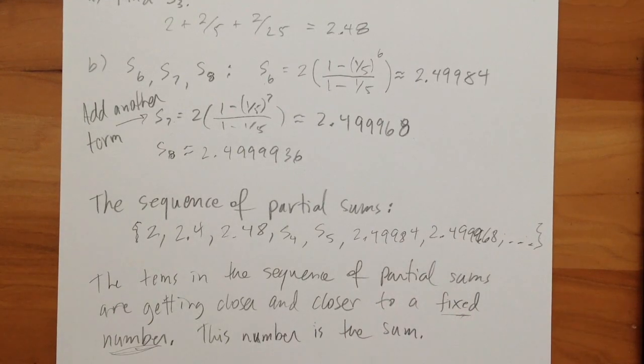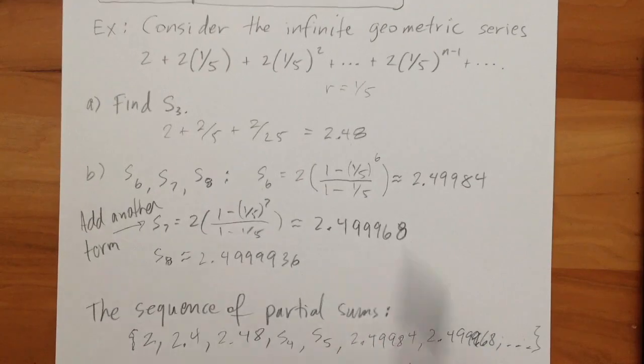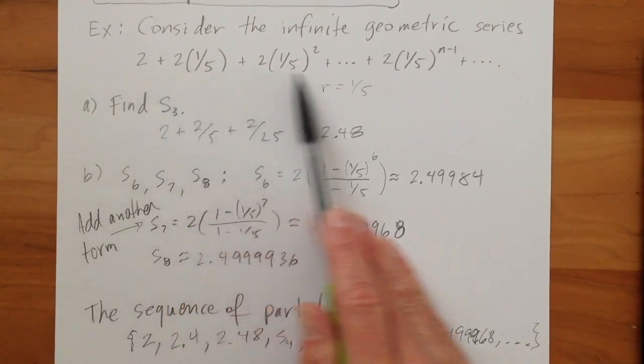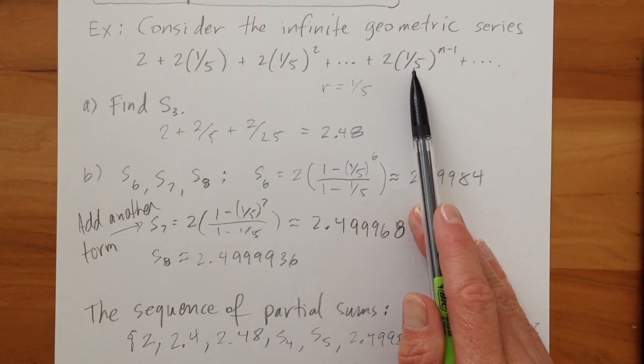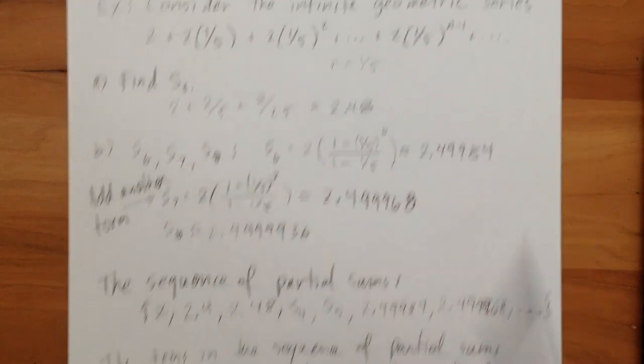Okay, so what it means is that for this geometric series, since when I list out the partial sums, they get closer and closer and closer to 2.5, that means this sum is equal to 2.5.